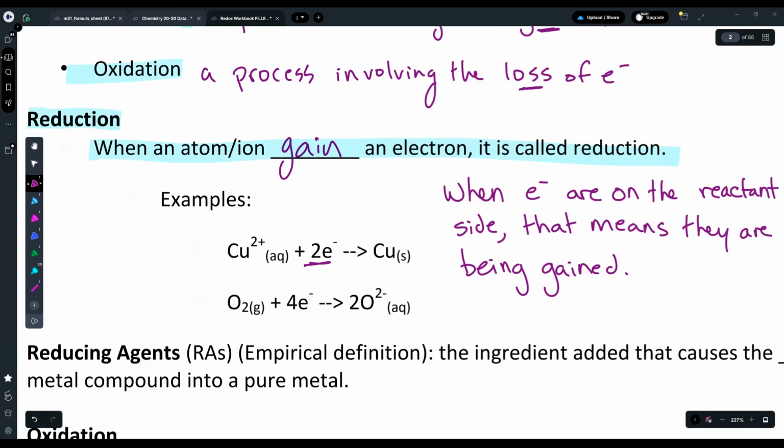So because we see electrons on the reactant side for both of these half reactions, that tells you both of these are reduction half reactions.